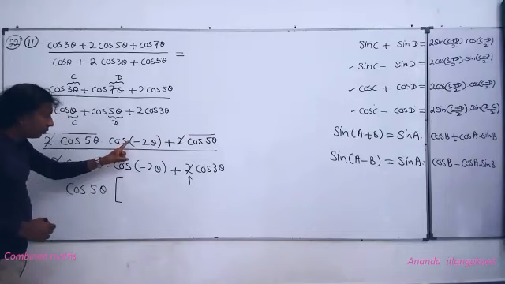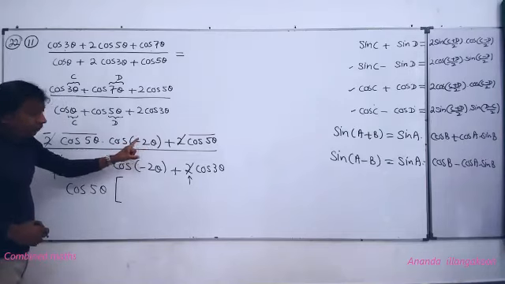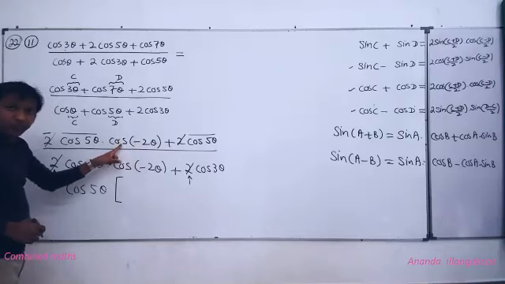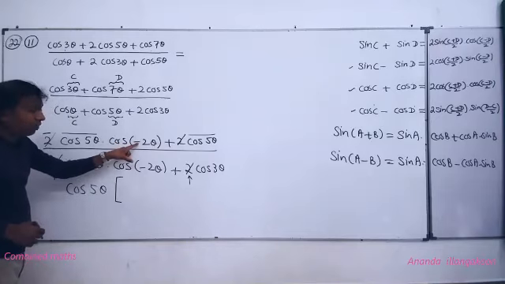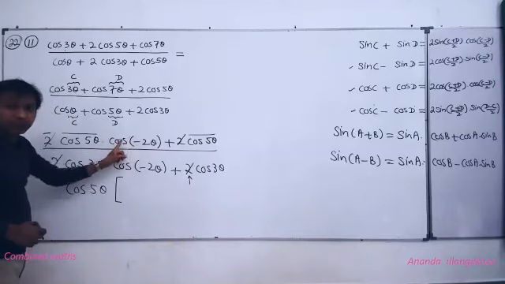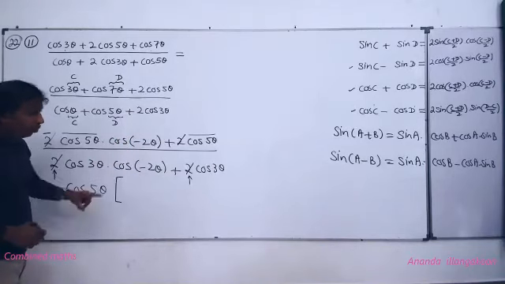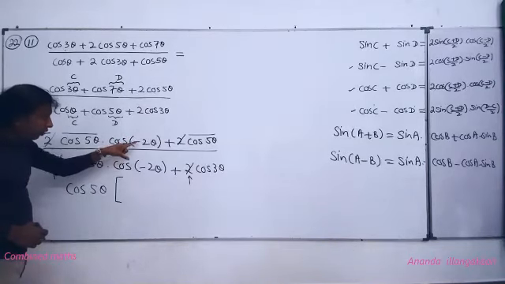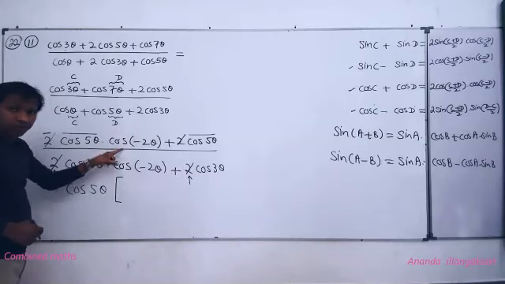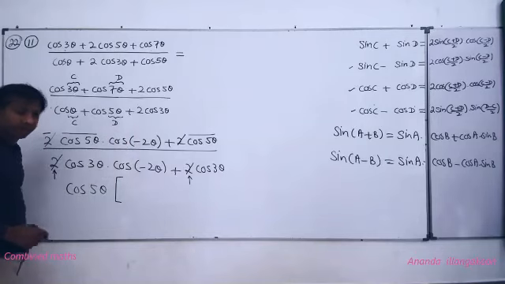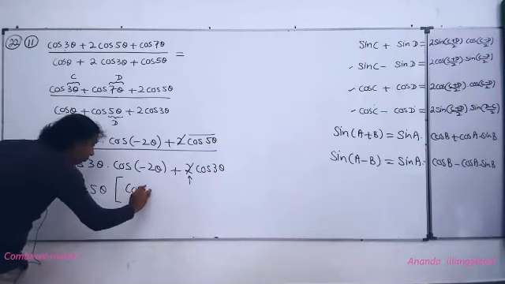People, cos minus 2 theta. We know with the angle, if we have minus sign with the cos ratio, without this minus sign, we can write that as cos 2 theta. Understand? When we have here sine and tan only, this minus sign you can take out. When you have cos here, without the minus sign, you can write that. It is cos 2 theta now.